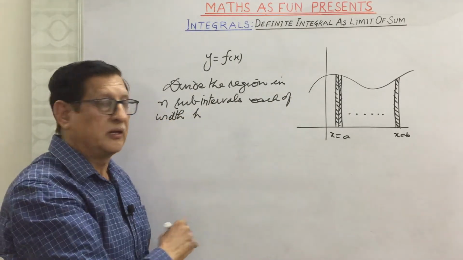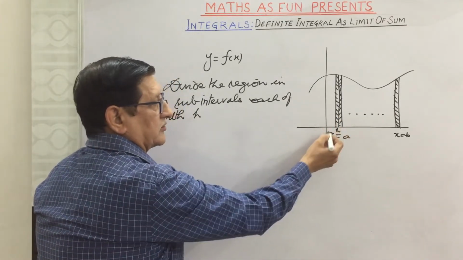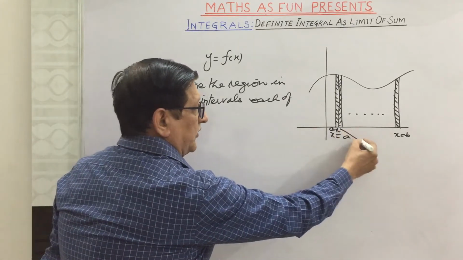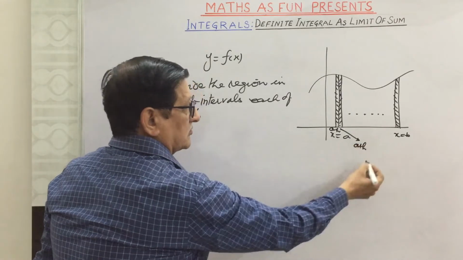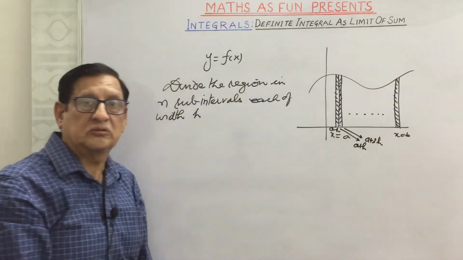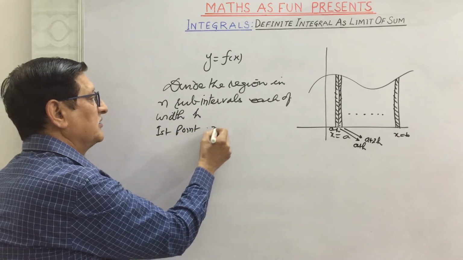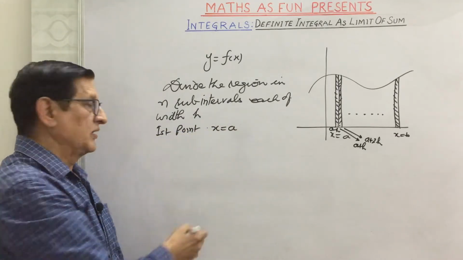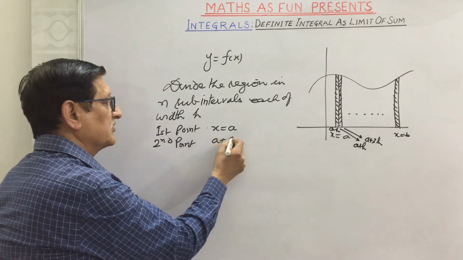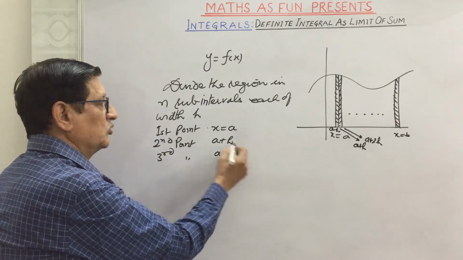h. If this is h, can we say that this point is x is equal to a? Then this point will be a plus h, this point will be a plus 2h, and so on. So the first point is x is equal to a, the second point will be a plus h, the third point will be a plus 2h.